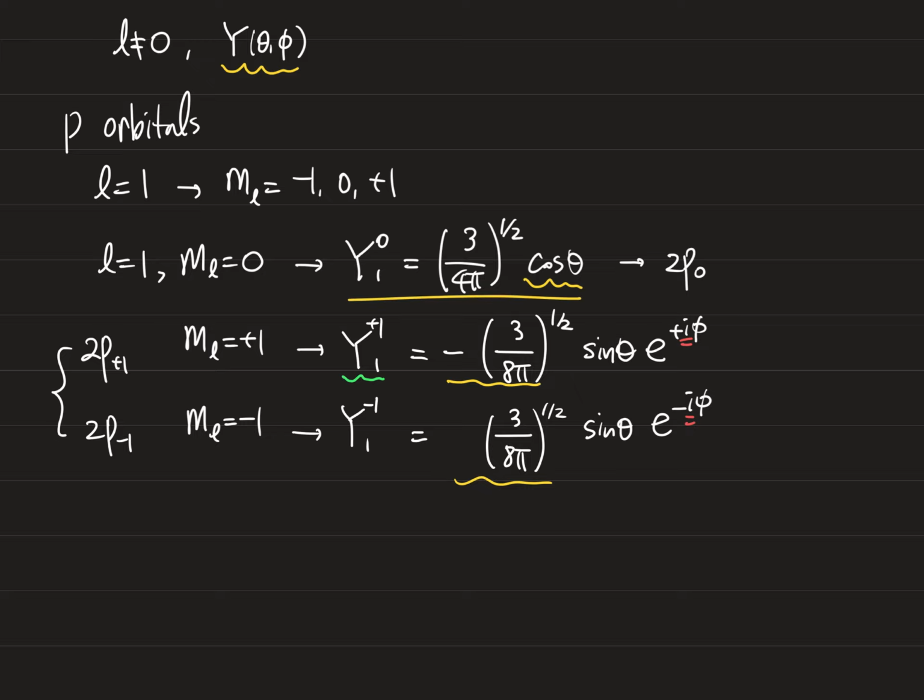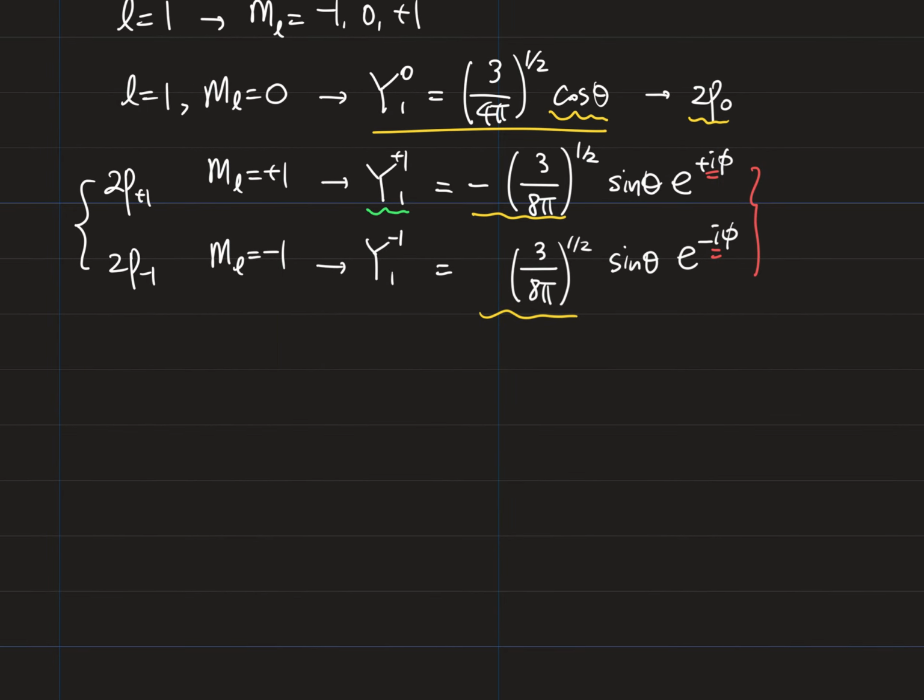So we can graphically describe this orbital 2p0 on the real plane, but we cannot do the same thing for these. This causes some problems because even though we can discuss many things in the complex plane, we cannot really observe the complex plane. We live in the real world, right? So that's the problem.